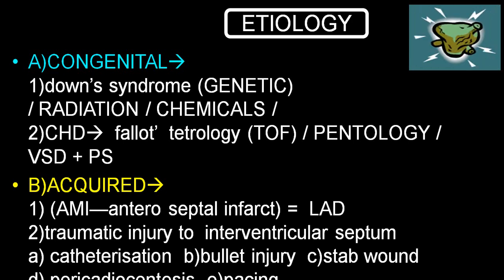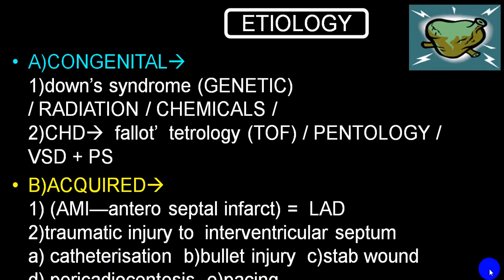That can result in perforation of the interventricular septum. But more common is acute MI rather than other traumatic injuries. Among traumatic injuries, catheterization, pericardiocentesis and pacing are most common.